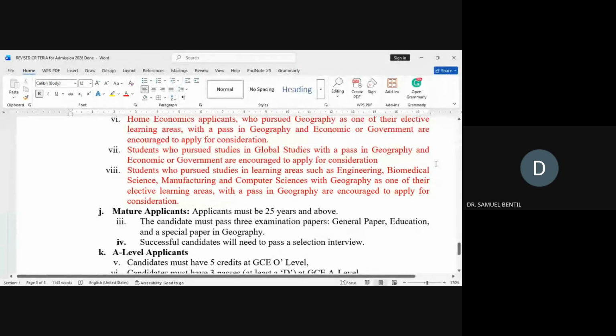Okay. So it gives you the idea that it is possible that someone will do science and come to university and do BA geography, business, and otherwise. So that means that as a geography teacher, these subject combinations and all these things, you people must have knowledge of them because they are very, very important so far as your subject area is concerned.